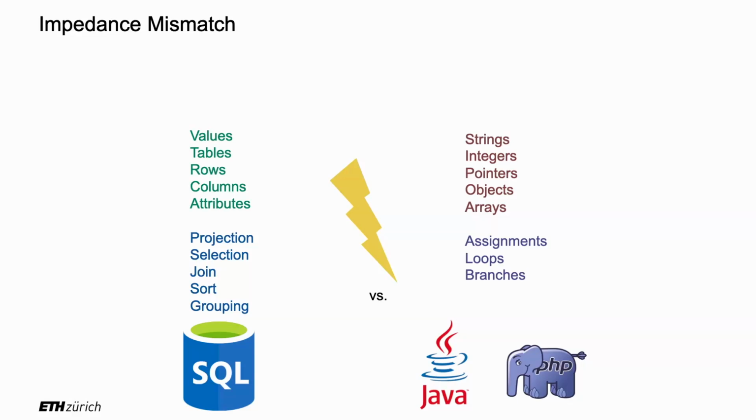Today, you have a lot of frameworks that connect an object-oriented programming language to a SQL database, making it look like you are not interacting with the database, but just with another object-oriented language. You wrap all the relational tables and the queries in something that looks like Java objects, and you can define all kinds of mappings.